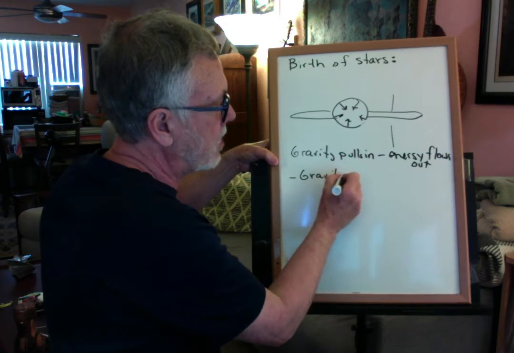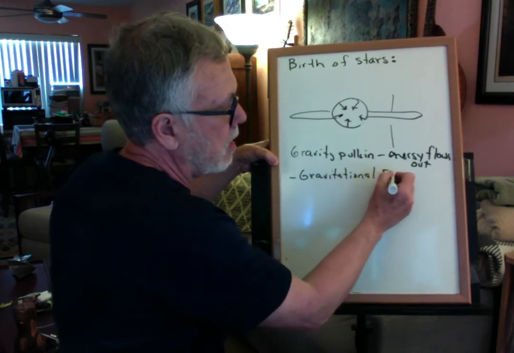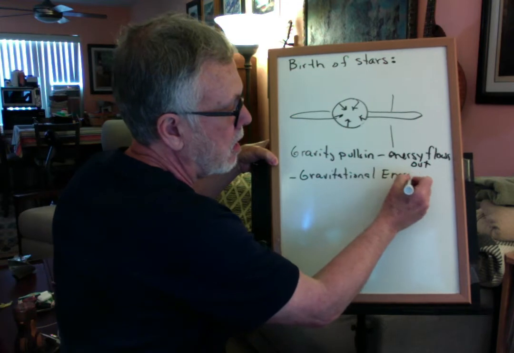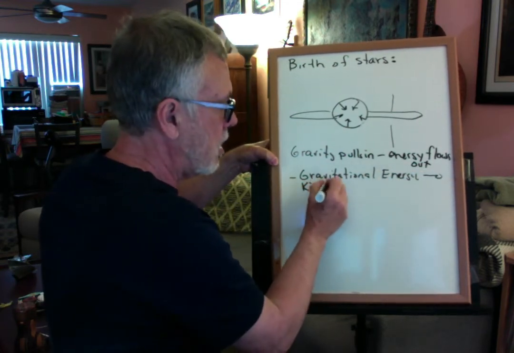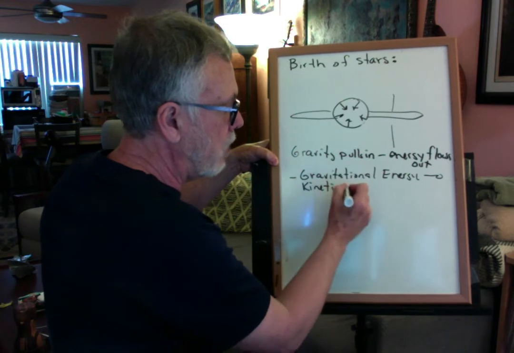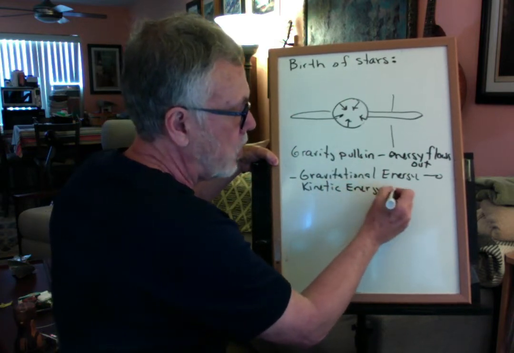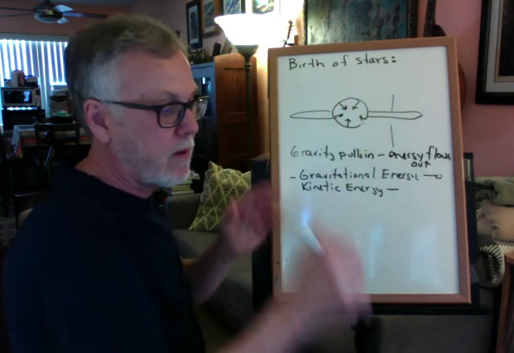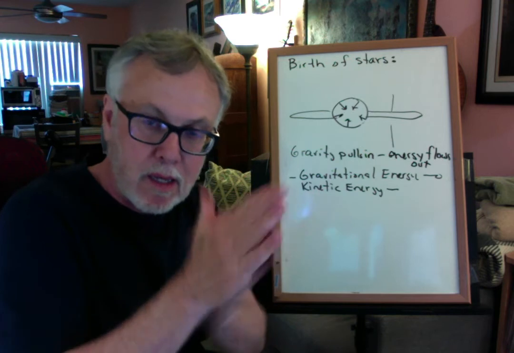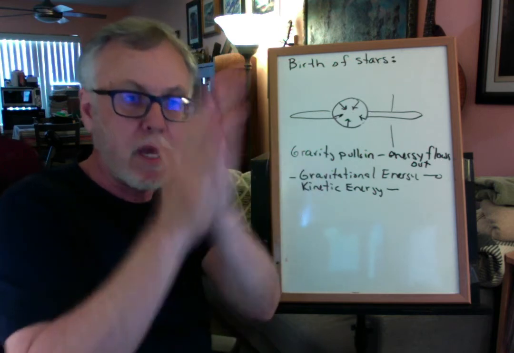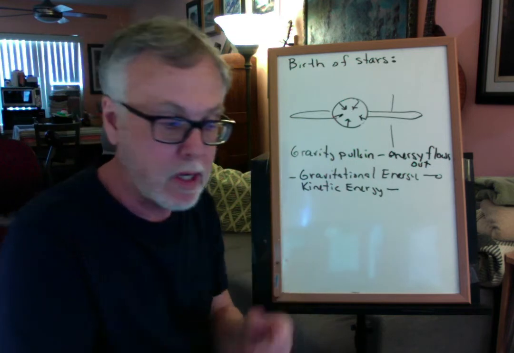Gravitational energy as it falls in is converted to kinetic energy as they're moving and falling inward, which as they fall inward, they eventually collide. It's kind of like this. As they're colliding, that energy of motion, like my hands moving back and forth, is converted to thermal energy.